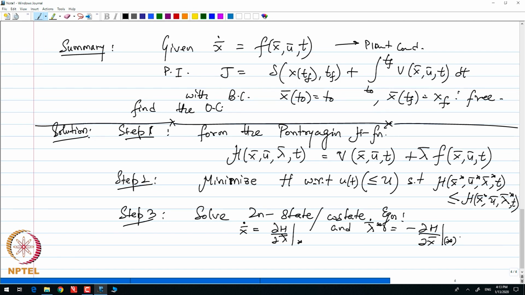So, these are my 2n equations along with the boundary condition.